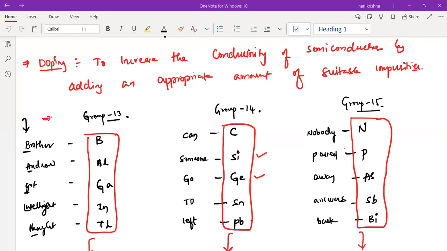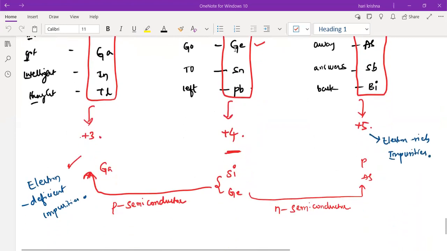So when you take group number 14, like silicon, germanium, these are the semiconductors. If you dope group number 14 with group number 13, it will cause P type semiconductors, because group number 13 is the electron deficient impurity.